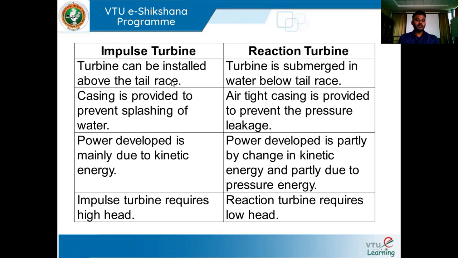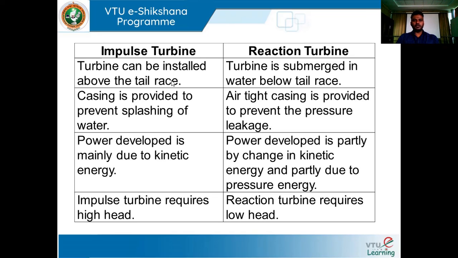In the case of impulse turbine, whatever turbine power is developed is only because of impulsive action of incoming water. That means due to kinetic energy of water, the power will be developed. In the case of reaction turbine, the power will be developed with a combination of pressure energy as well as kinetic energy.